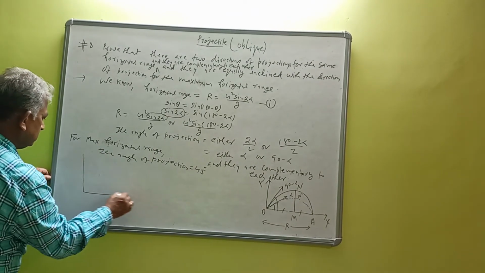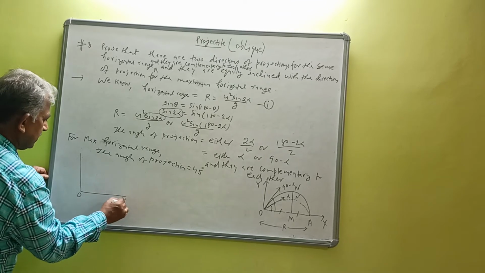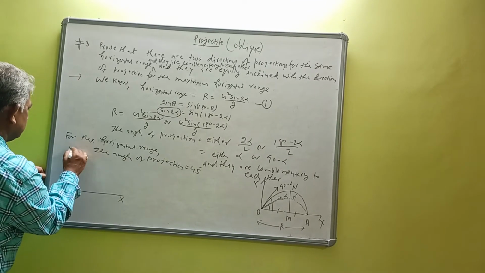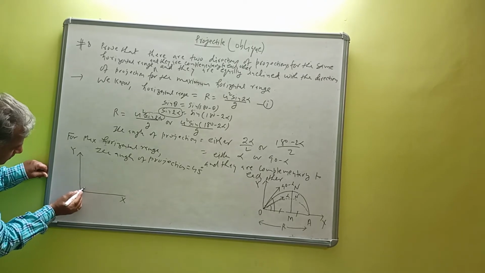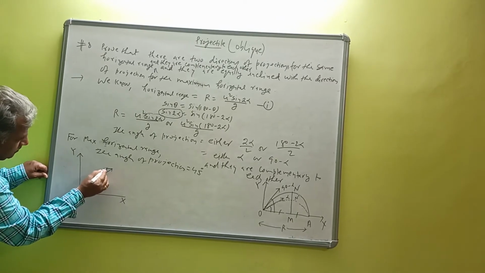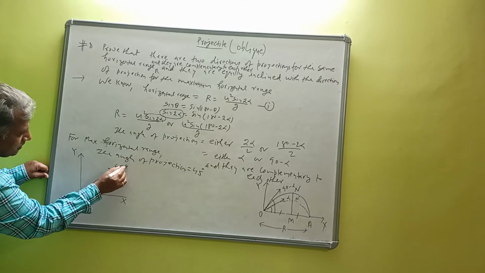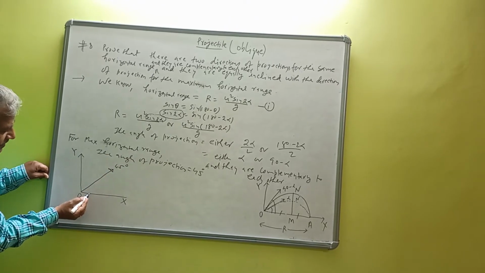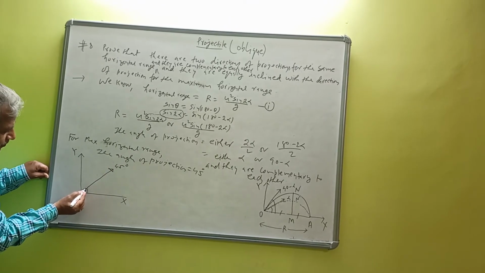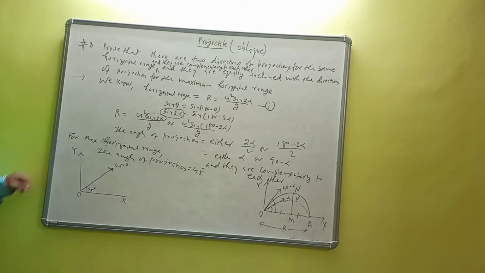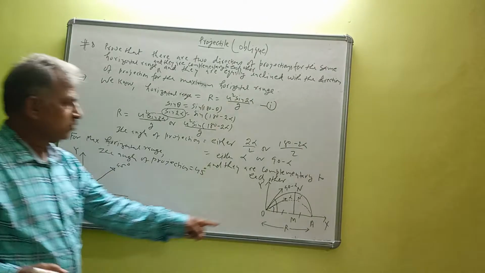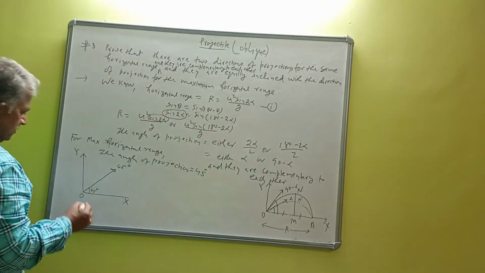This is the x-axis, this is the y-axis, and suppose this is the direction which is making 45 degrees with respect to the x-axis, and this angle is 45 degrees. And there are two directions, alpha and 90 minus alpha.